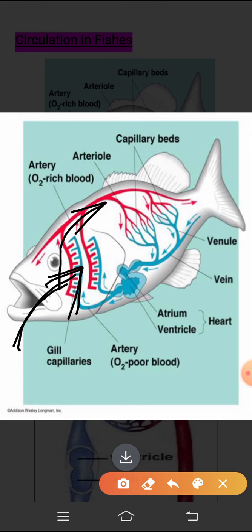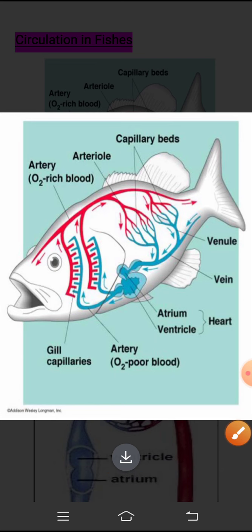When oxygen from the water is absorbed by the fish, this oxygen enters the gills and the gills absorb the oxygen. The oxygen enters the blood, right? Now it becomes oxygenated blood. This oxygenated blood now enters the various parts of the body of the fish.